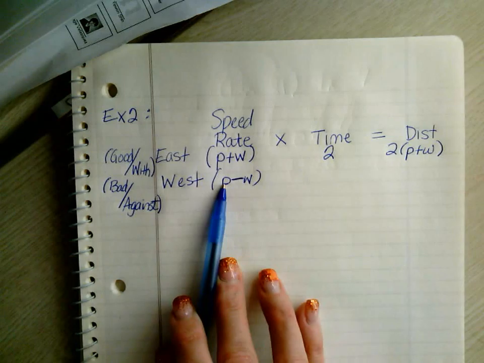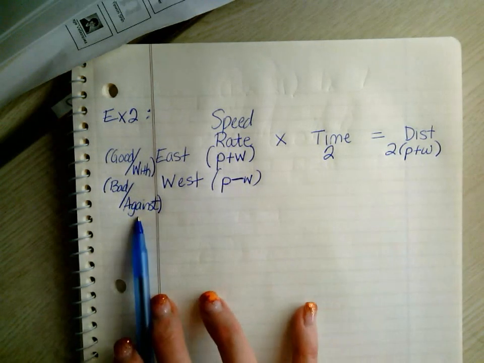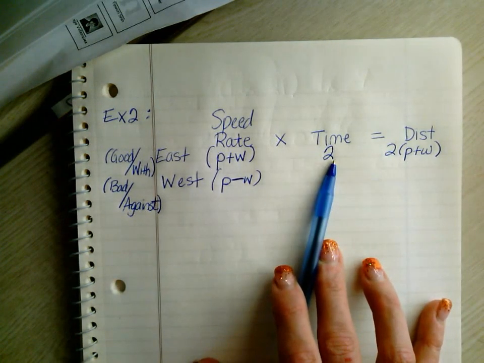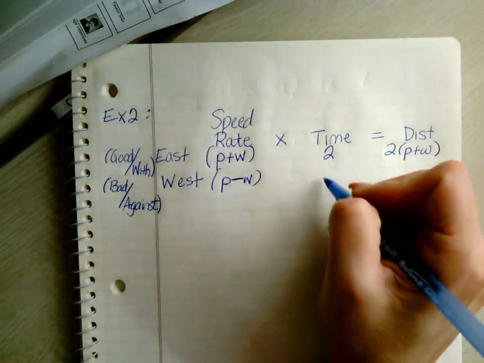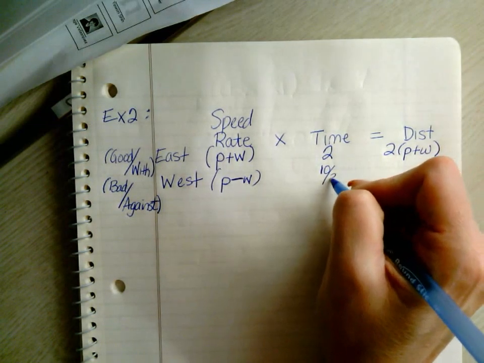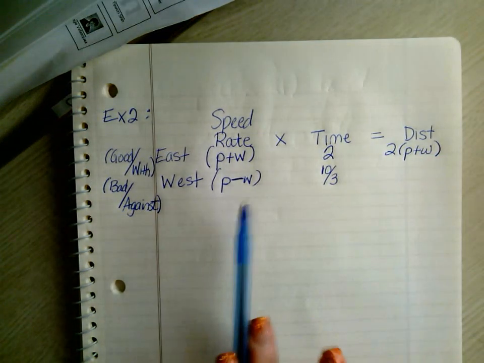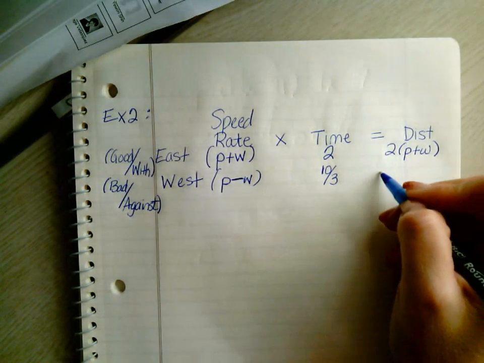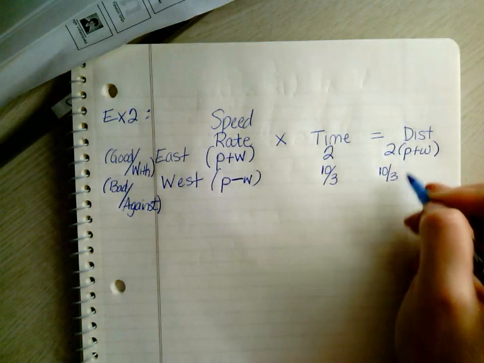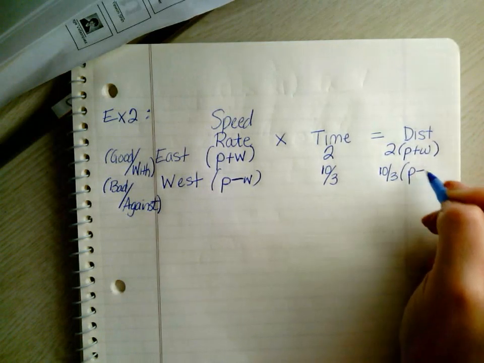And that plane going back against the wind took 3 1/3 hours. Much longer, right? I am going to turn that into 10/3. So the distance traveled, even though it's the same thing, is reflected this way.